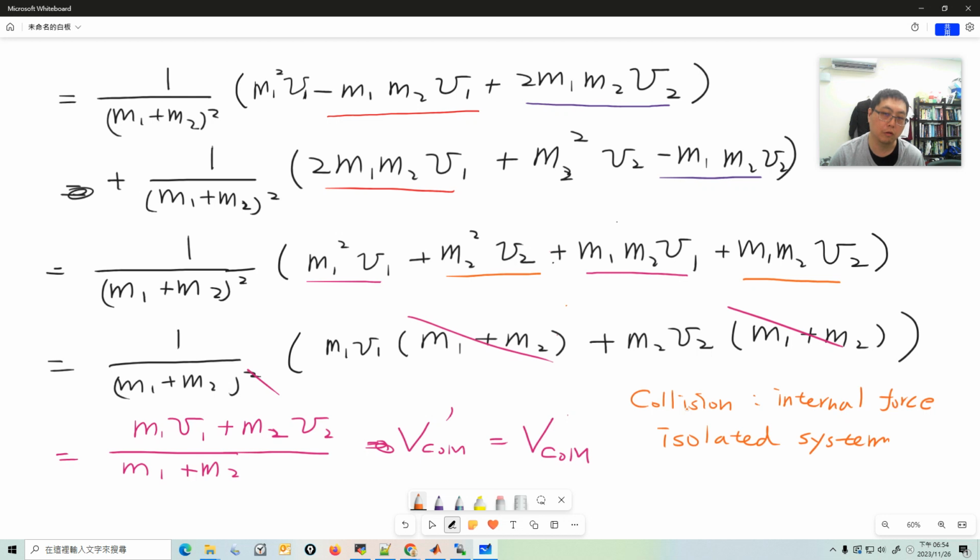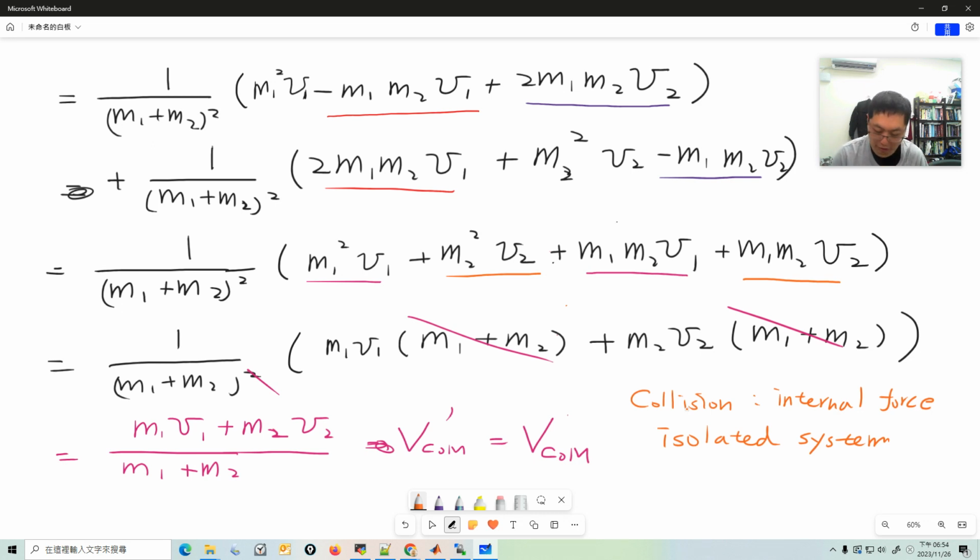So of course the center of mass velocity should be the same before the collision and after the collision, because it's an isolated system and the collision is just internal forces.